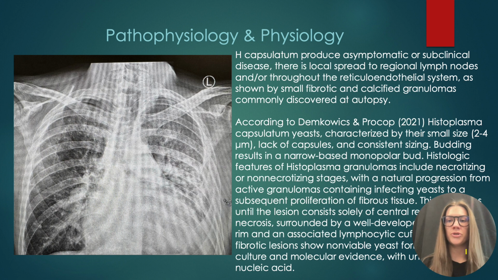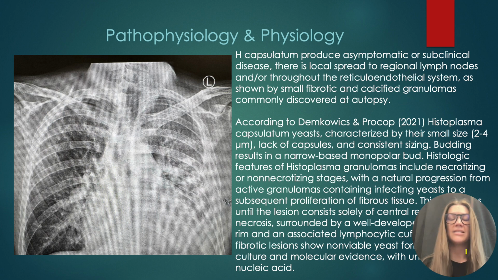So according to Demkowitz and Prokop, Histoplasma capsulatum yeast are characterized by their small size, lack of capsules, and consistent sizing. Budding results in a narrow-based monopolar bud. Histologic features of histoplasma granulomas include necrotizing or non-necrotizing stages, with the natural progression from active granulomas containing infecting yeast to subsequent proliferation of the fibrous tissue.